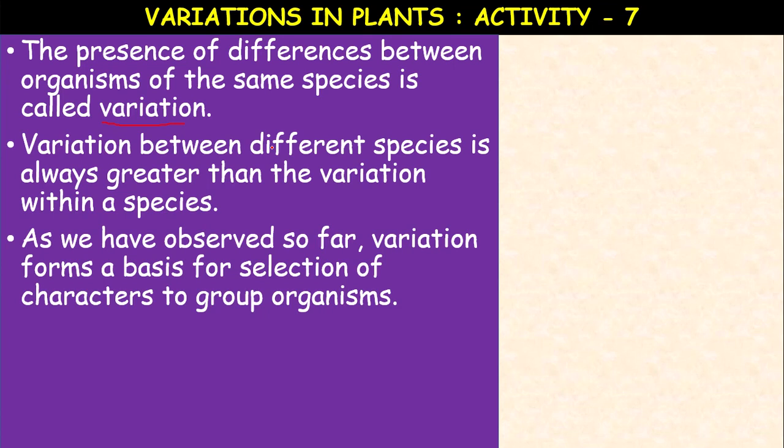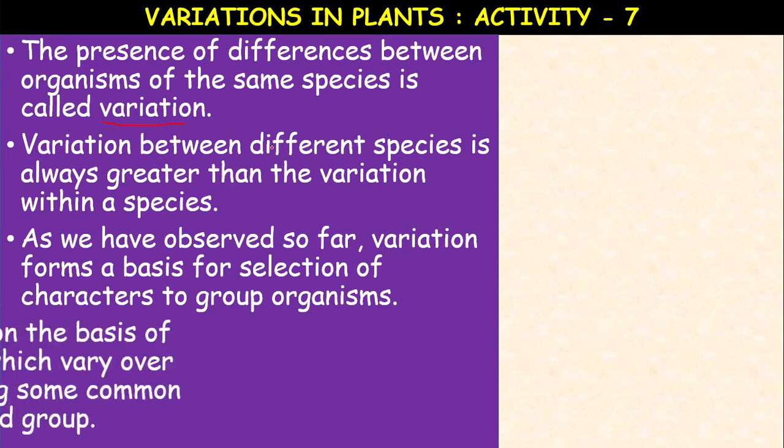So as we have observed so far, the variation forms a basis for selection of characters to group organisms. Okay, based on the variations only we can form a basis for the selection of characters to group the organisms.